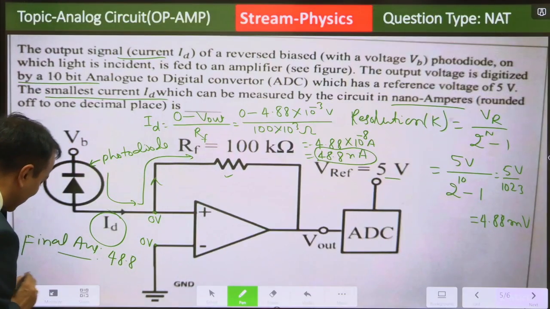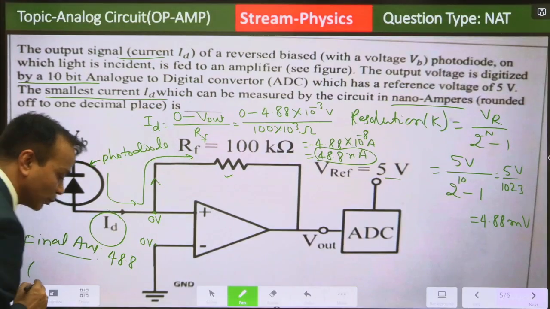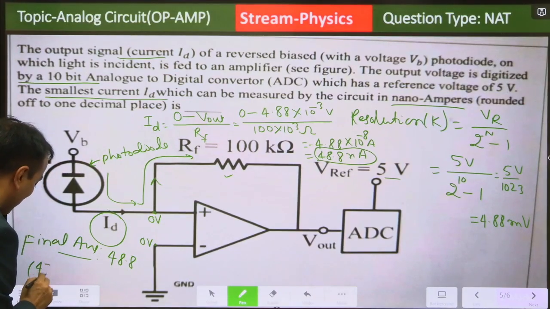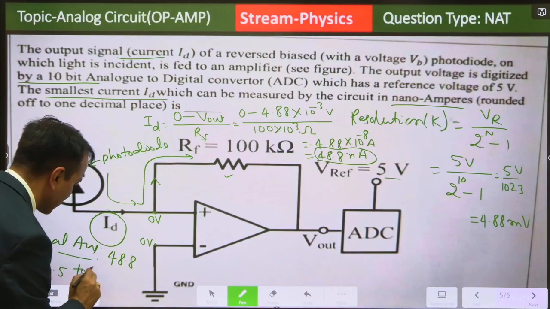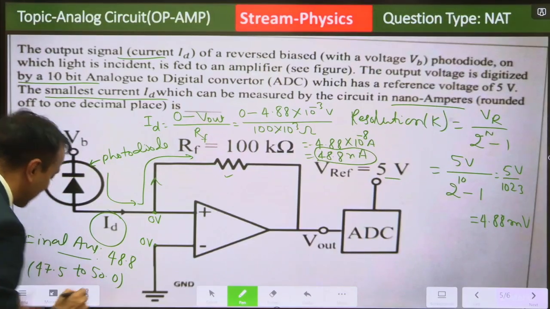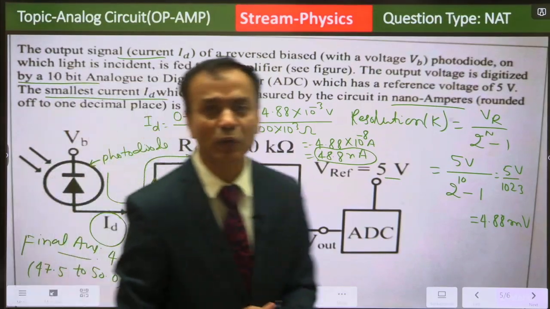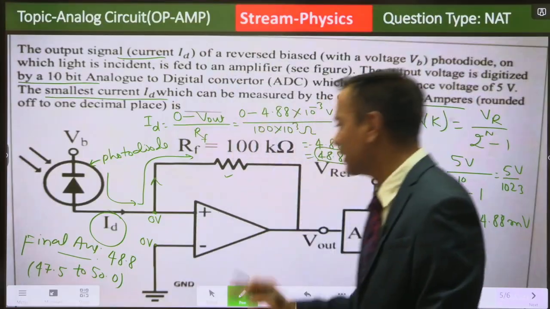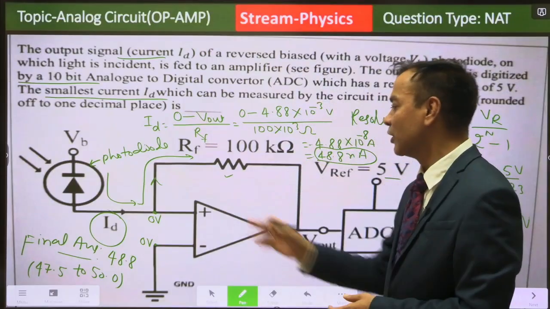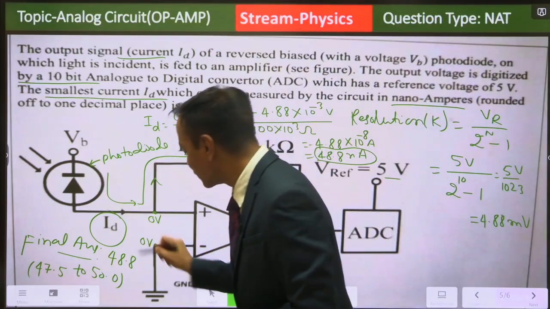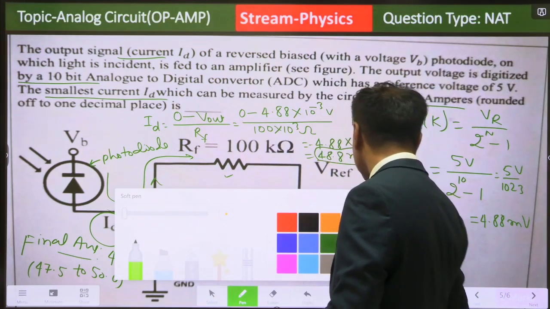It is given as 47.5 to 50. So this magnitude falls within this range. It means 48.8 is the valid answer, because in the question itself only one decimal point is given. So 48.8 is the final answer for this question.